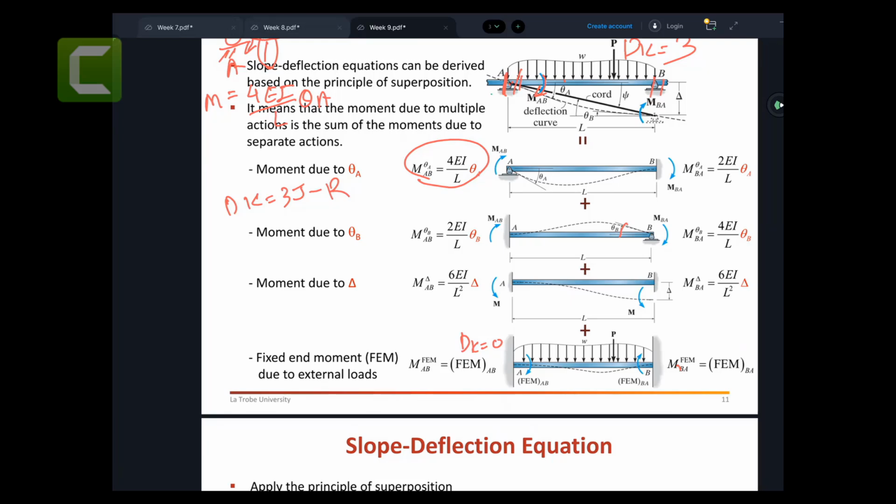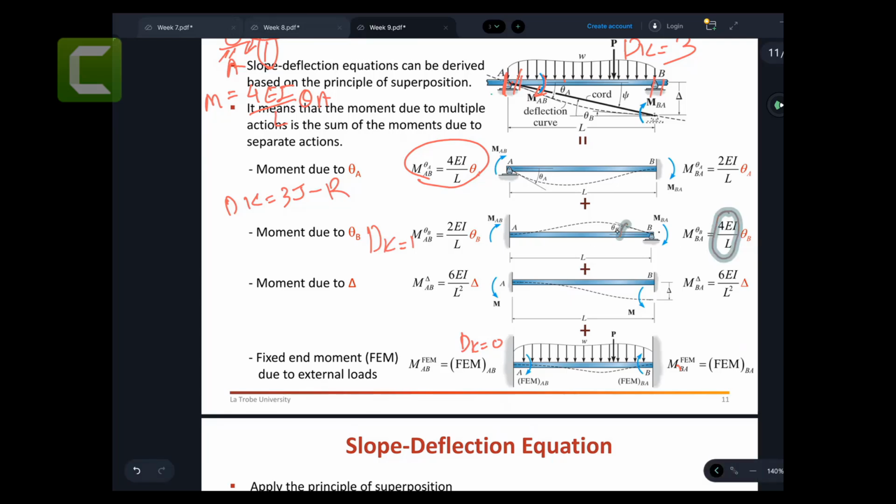So that is again kinematic degree of indeterminacy equal to 1 for this structure, which is theta B. Now, same structure, the amount of moment required to cause the unit rotation is 4EI on L, and it is an elastic region, so times theta B. So the amount of moment required to cause theta B is 4EI on L theta B.